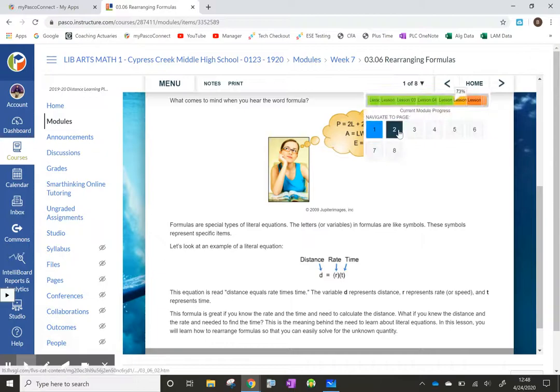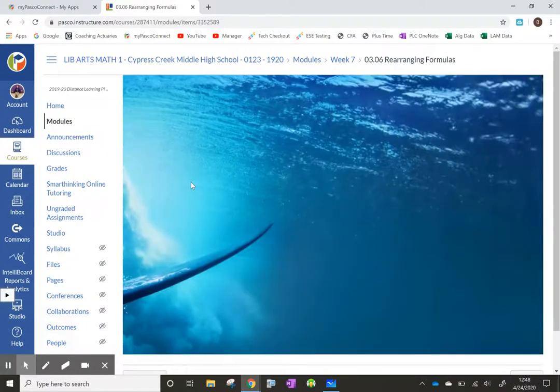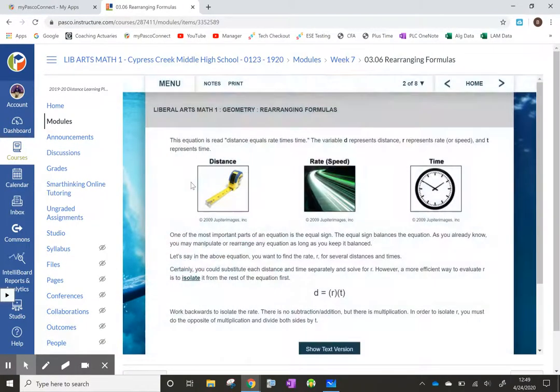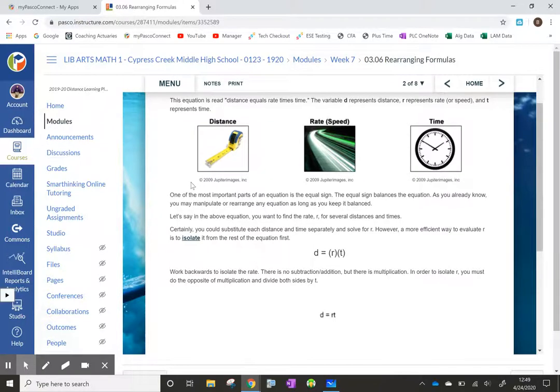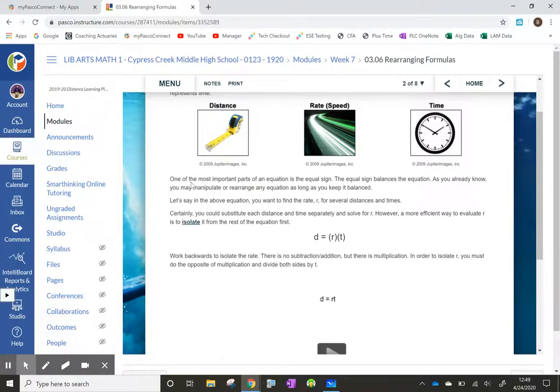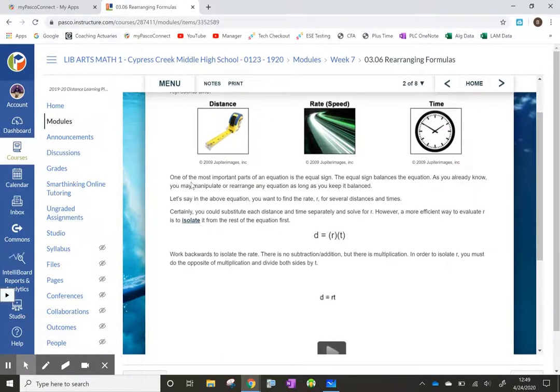Okay, let's go to the second page. Let's take a look at this. So let's say, for example, you are asked to solve for r.